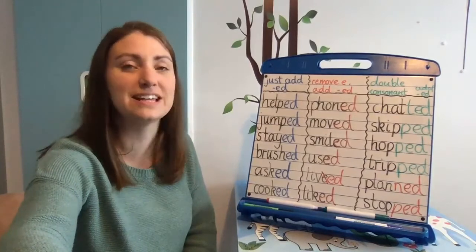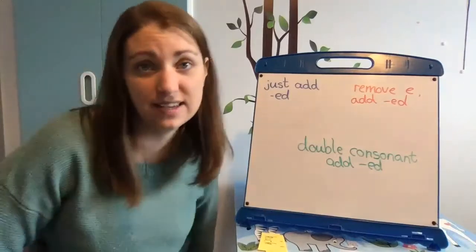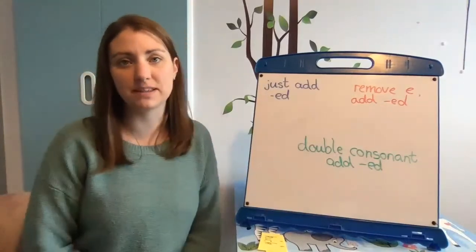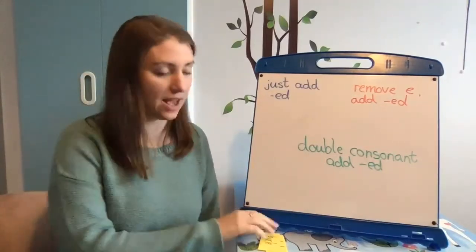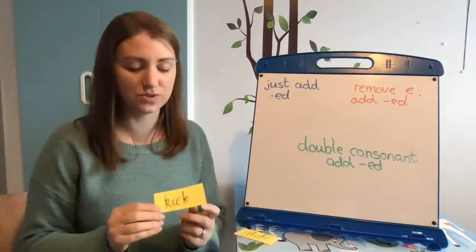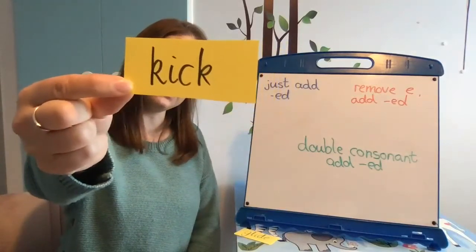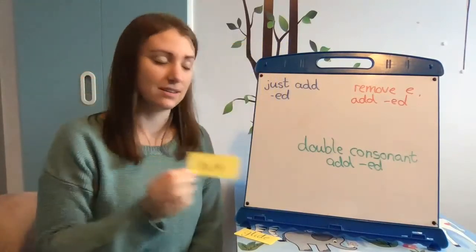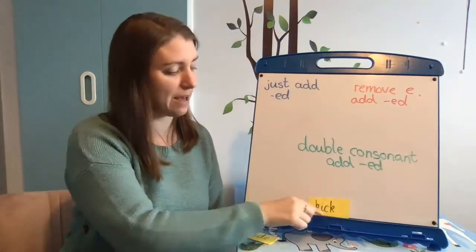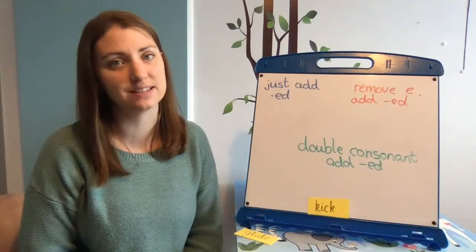Right, let's see how much you've remembered and see if you know what to do for our next activity. Now we've had a go at writing new endings to the word to make them into past tense verbs. Now we're going to see if you can work out what needs to happen to these words. So what does this say? This says kick. What do you think is going to happen to the word kick for it to become a past tense verb?